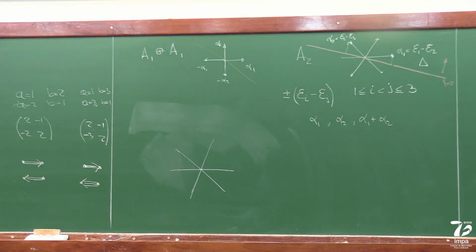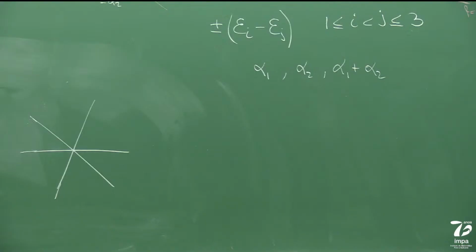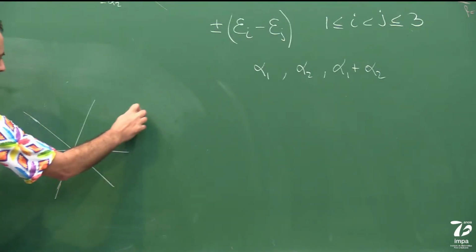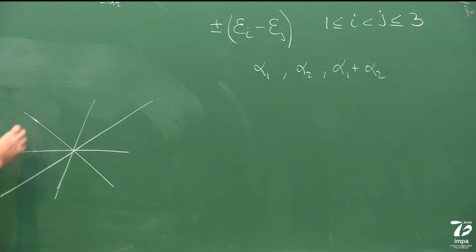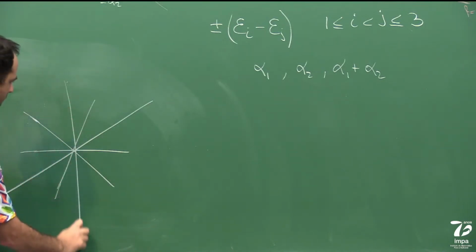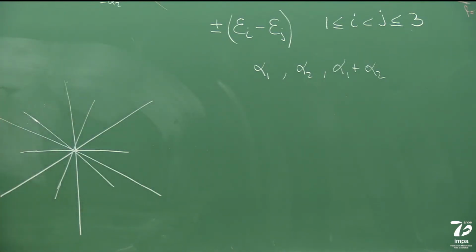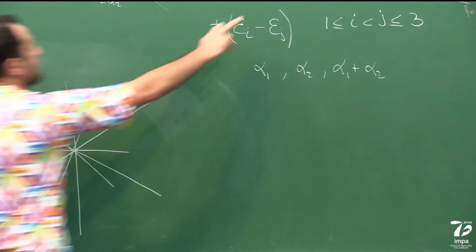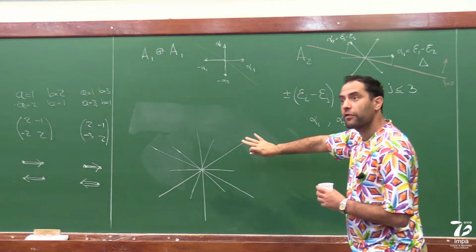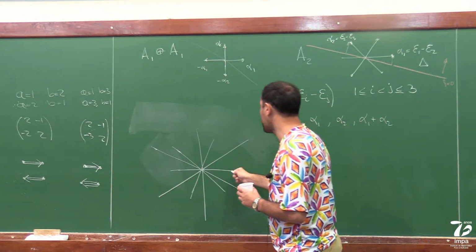Did Jethro do it? He did? Ah, perfect. OK, so you know what the G2 root system is. And it looks like this. It looks like 2 interleaved copies of A2. So these are 2 copies of this rotated by 30 degrees, but the lengths are of 2 types.